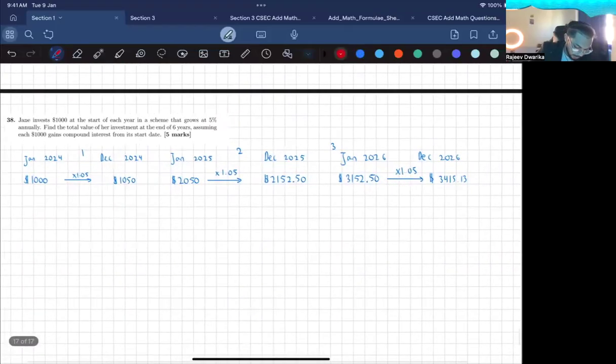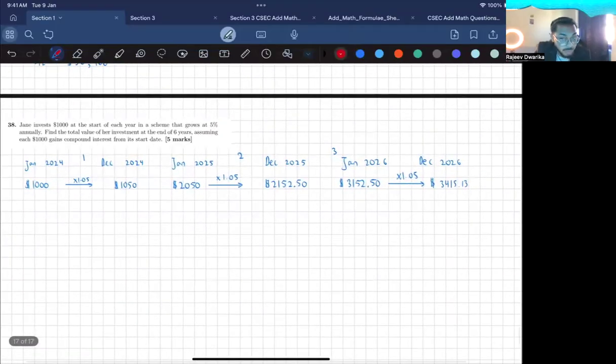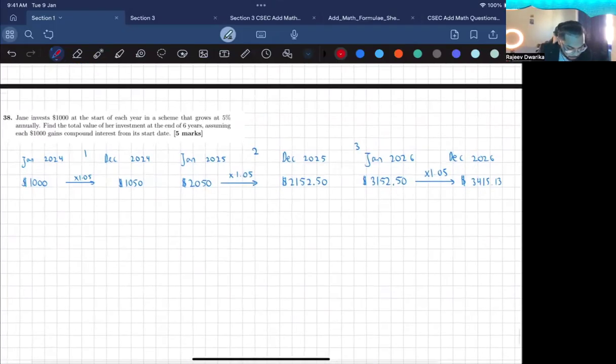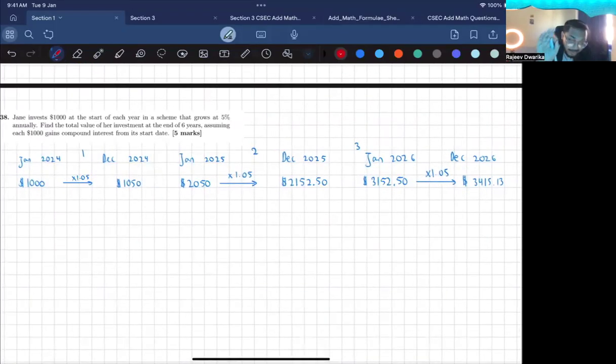Let's see if we're noticing a pattern here. Because if it's an AP or a GP, that's good. We know what to do. We know how to keep going down the line, right? So let's check if it's a GP first. If it's a GP, what should it have? A common ratio, right? So let's see.